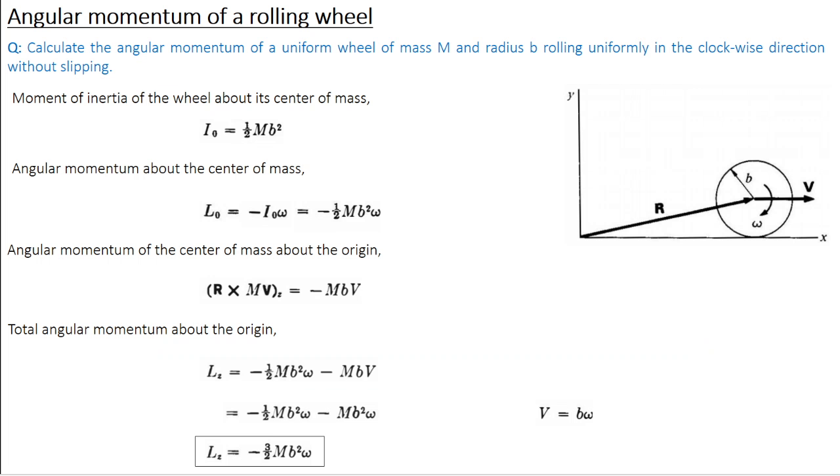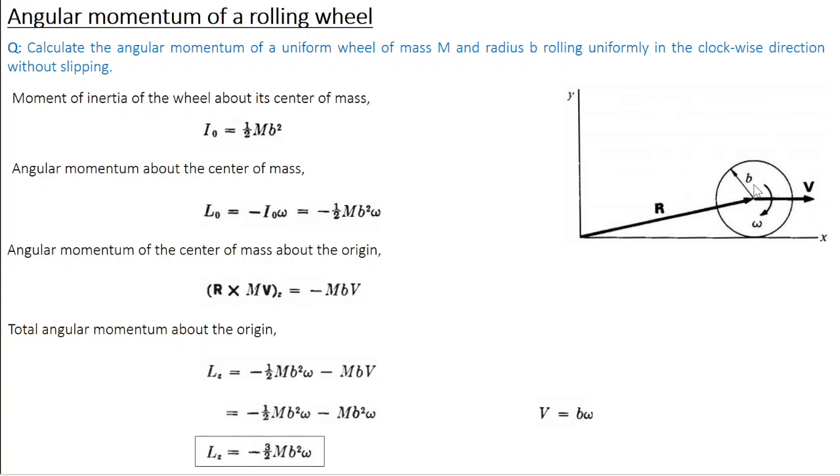Now let's analyze a couple of physical systems which have both rotation and translation. First one: calculate the angular momentum of a uniform wheel of mass m and radius b rolling uniformly in the clockwise direction without slipping. Let's assume that it's rolling in the x direction.